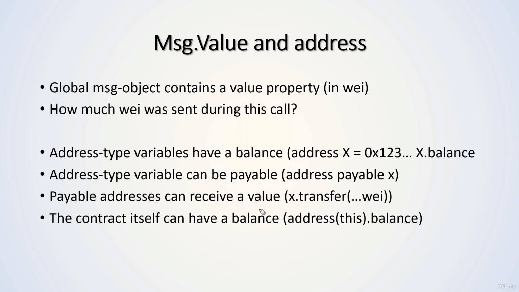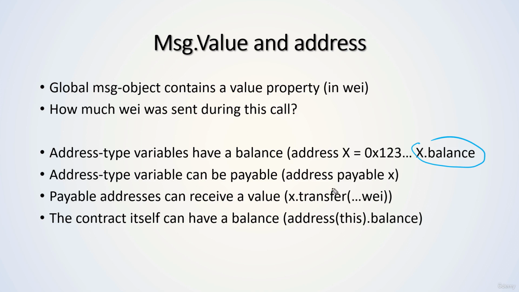Very important to understand is that every variable of the type address will have a balance. So you can always call in any smart contract for any address, you can read the balance. And why is that? Because all of the information on the blockchain is publicly available.